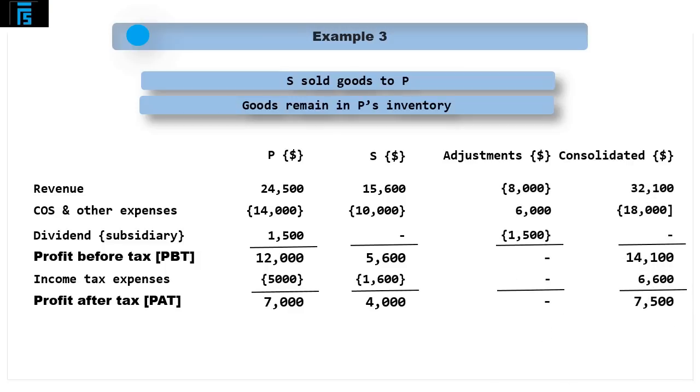Consolidated revenue would be adjusted downwards by €8,000, cost of sales by €6,000. The dividend from the subsidiary would once again be eliminated in full. These adjustments would lead us to compute the same consolidated after-tax profit as before.